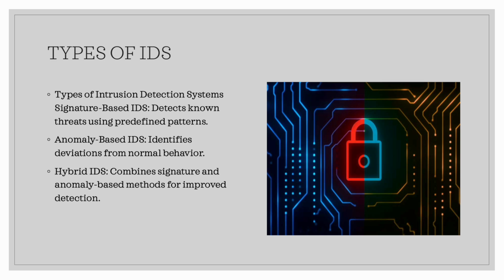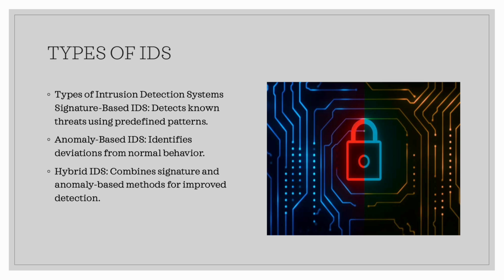The next one is anomaly-based IDS. Anomaly-based IDS identifies deviations from normal behavior within a network or system. It establishes a baseline of normal network or system activity and flags any significant deviations as potential threats. The advantage of this IDS is it can detect unknown or zero-day attacks and adapts to changing network behavior.